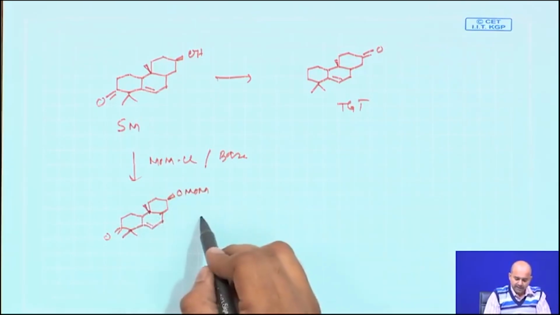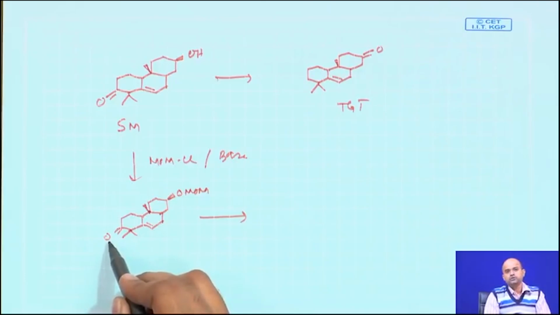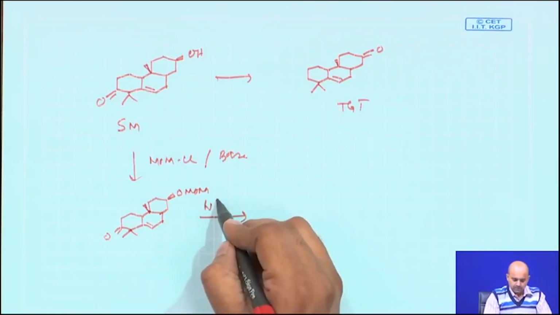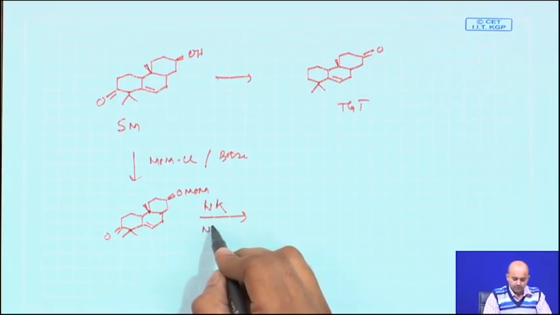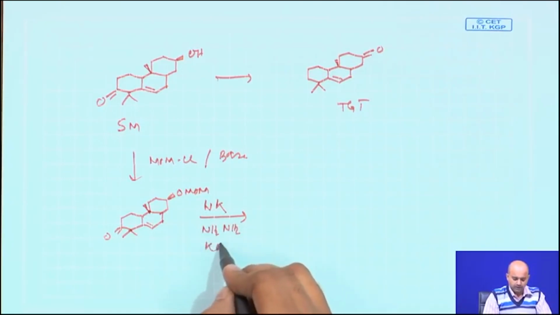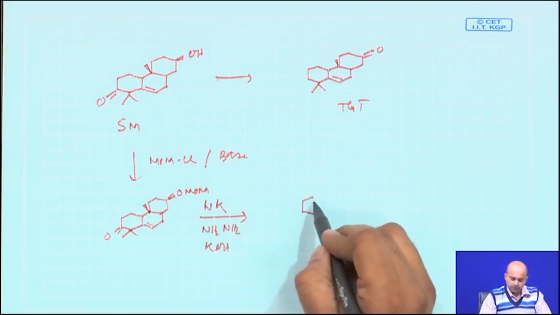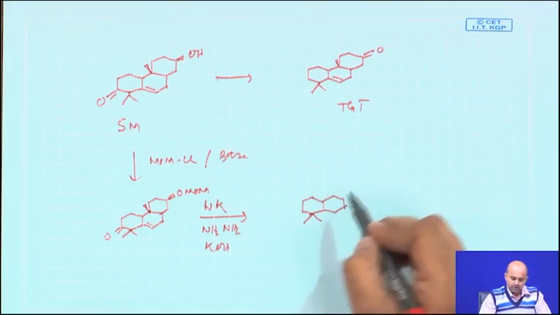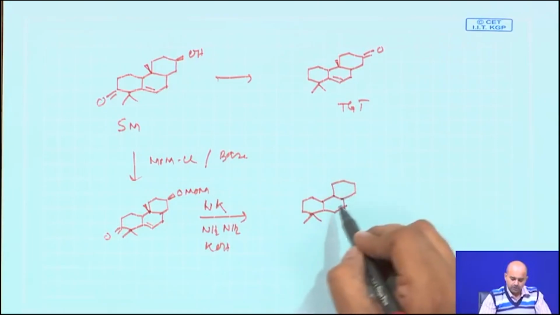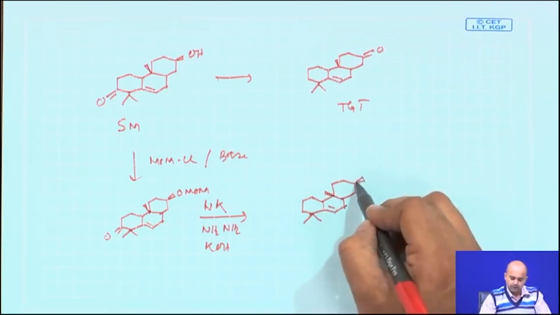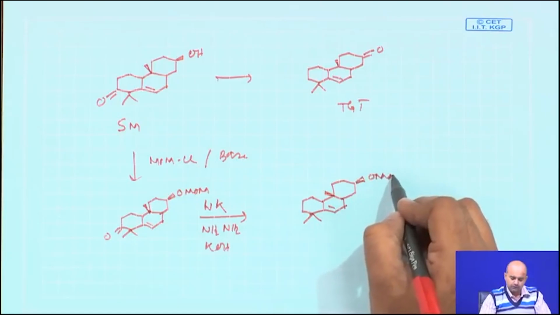And then this ketone needs to be deoxygenated by a standard reduction like Wolff-Kishner. So, you treat with hydrazine hydrate, a transformation we have already discussed many times, and Wolff-Kishner will deoxygenate the carbonyl group and you can get this intermediate without any difficulties.